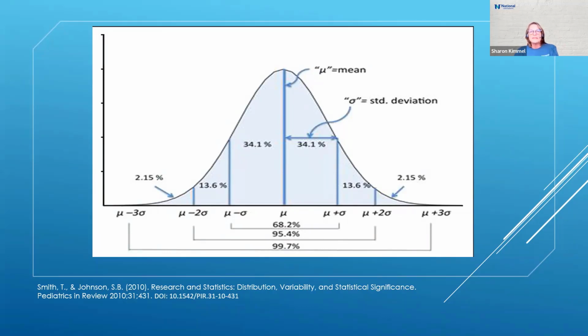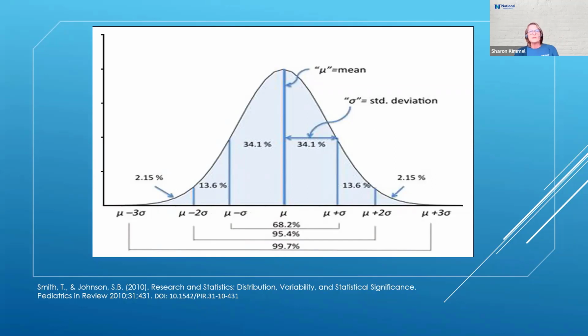Many of our statistical analyses, particularly our parametric tests, require that our data follow a normal distribution. The normal distribution has several properties that make it useful for inferential statistics. Inferential statistics is about taking samples and using the sample results to make predictions.